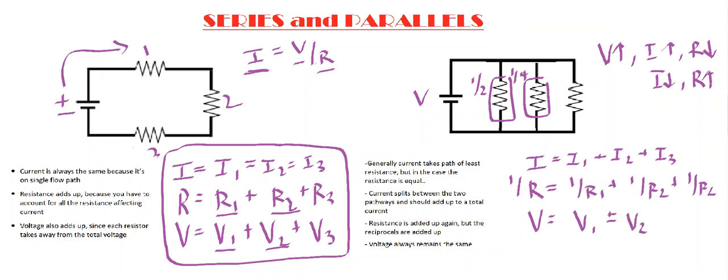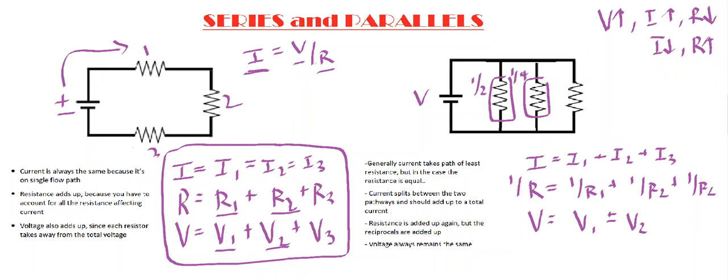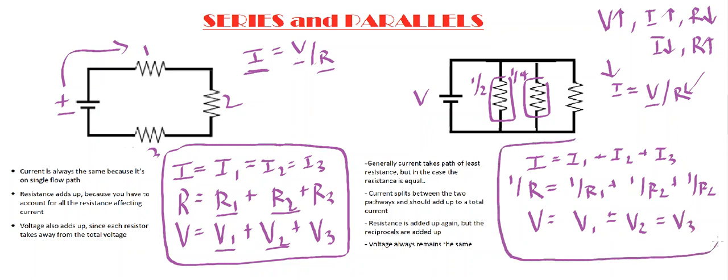This works the same in how we used Ohm's law, where I equals V over R. If the current is changing at each resistor and each resistor's value is changing, the V will remain constant. So these are our two sets of equations for the two different types of circuits.